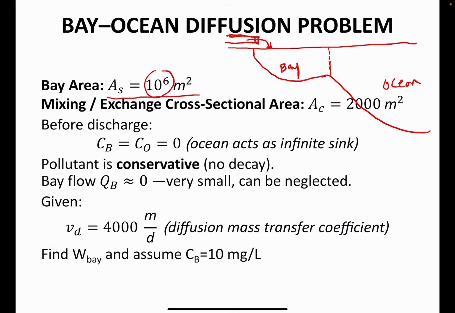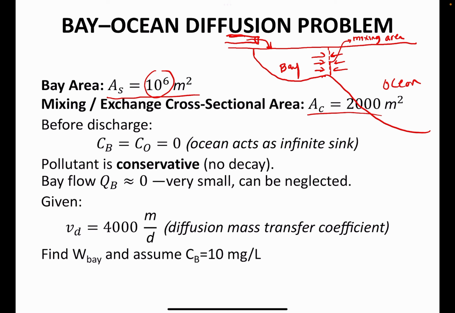This is the mixing area between the bay and the ocean, and by the way, we are looking sideways from the side. This is the cross-sectional mixing and exchange area, looking from this side, okay? This area is 2,000 square meters.